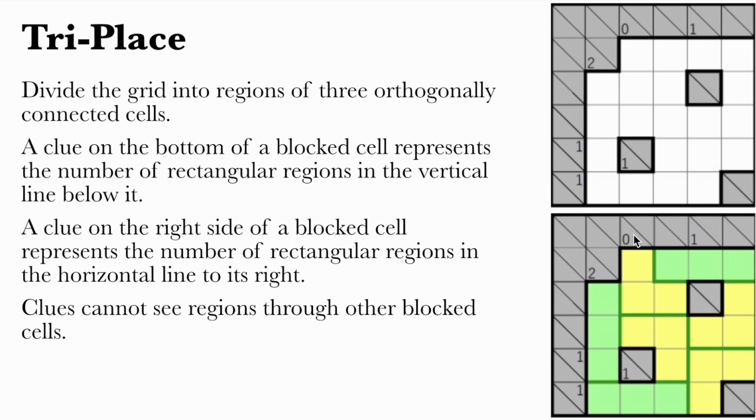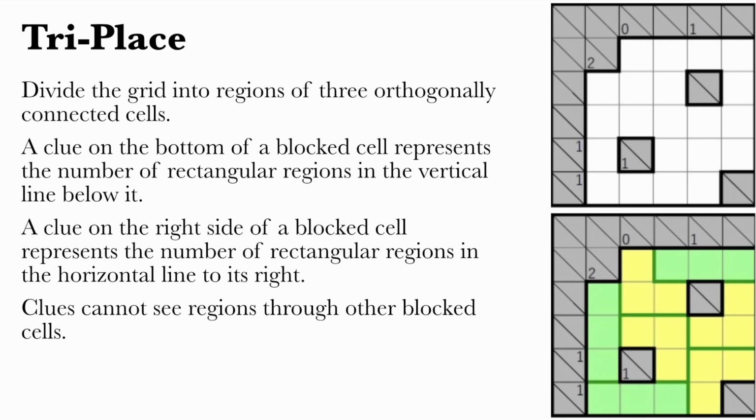So, for example, this 0 is telling us there are no rectangular regions below this, and you can see that this one is an L, so it doesn't count. This one's an L, so it doesn't count. And then it gets blocked by this other clue before it can see this horizontal region. But this one clue can see it, so that counts one rectangular region.